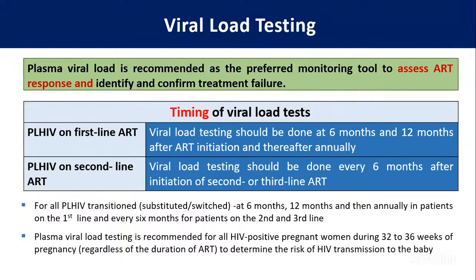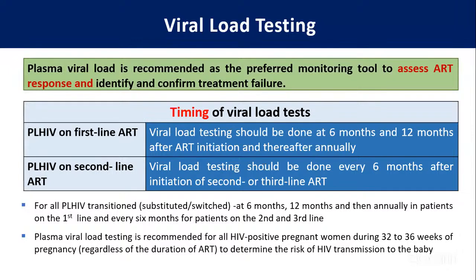But for patients who are already on second line or third line ART, the viral load testing is done every 6 months following initiation of second or third line ART. For all PLHIV who are transitioned, that means either substituted or switched, they should have a viral load test done at 6 months, 12 months, and then annually in patients on the first line, and every 6 months for patients who are already on second or third line.